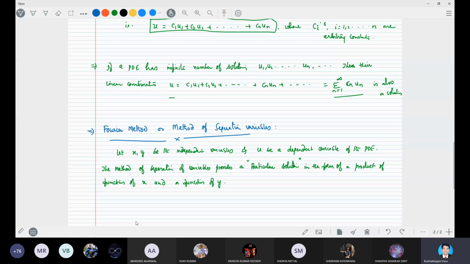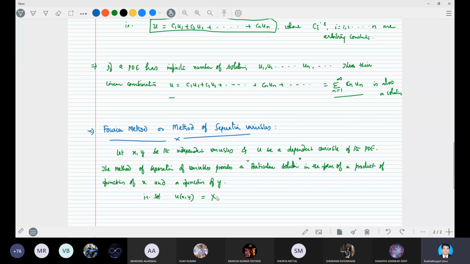Okay. So what will be the solution of a differential equation when u is the dependent variable and x and y are the independent variables? Can anybody say? What is the solution of the PDE, which is u of x comma y?